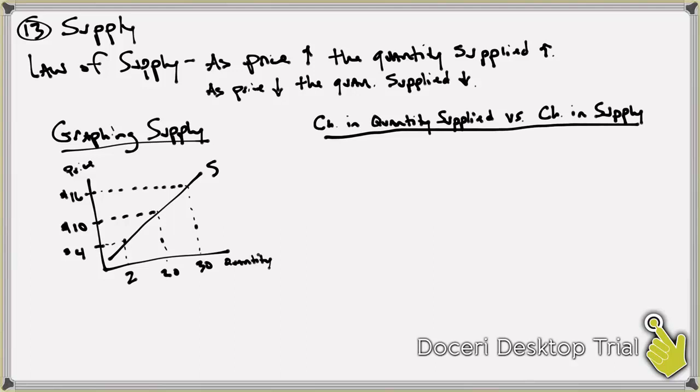Just like we said with demand, a change in quantity demanded only happens when there's a change in price. Same thing with supply. Every point on that supply curve represents a specific amount that we would supply at different prices.